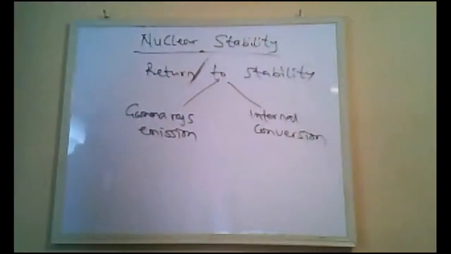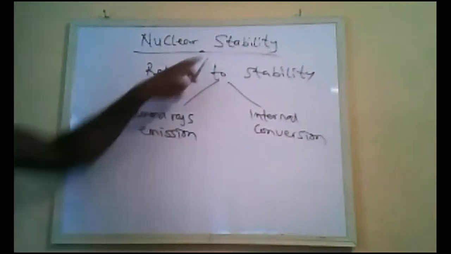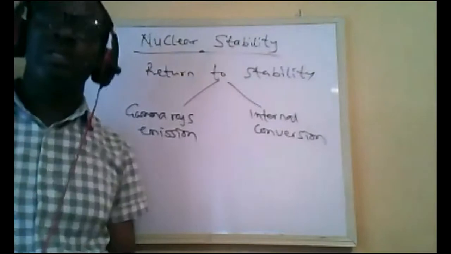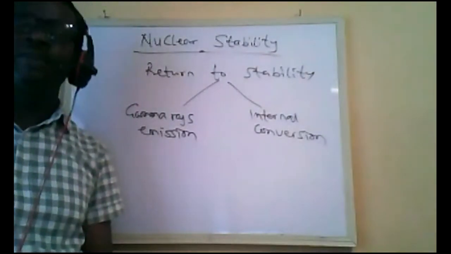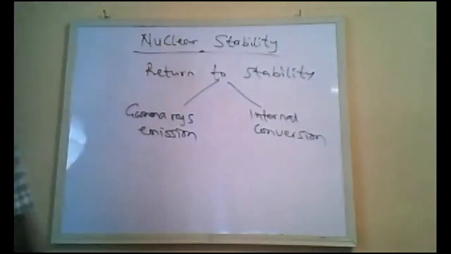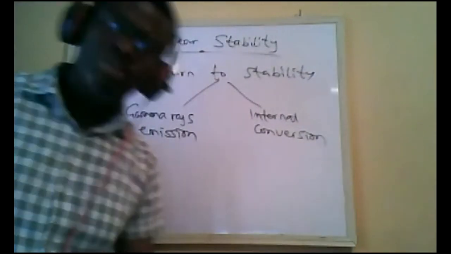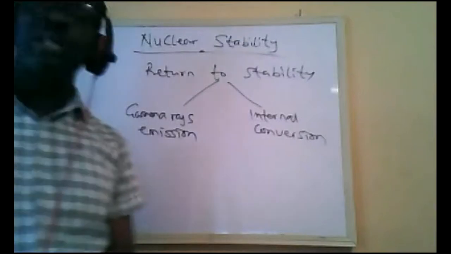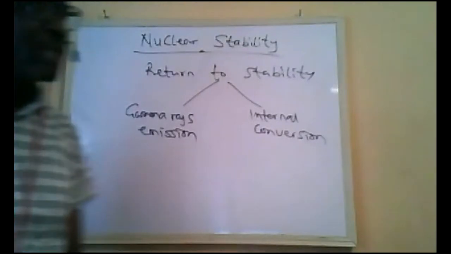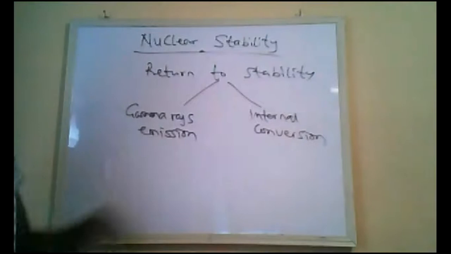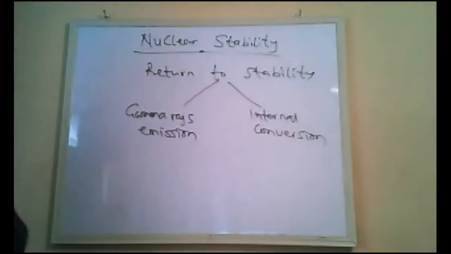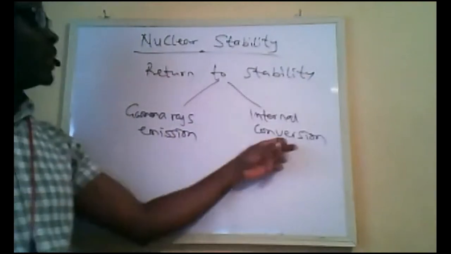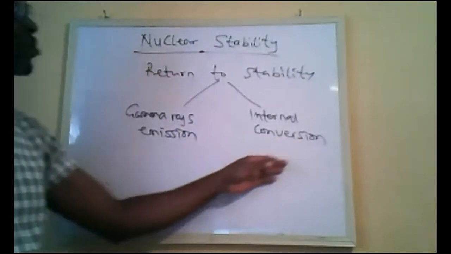That is when maybe an alpha ray has been emitted, or a beta plus particle has been emitted, a beta negative particle has been emitted, and so on. After those first things, the material returns to becoming stable via gamma ray emission or by the internal conversion process.